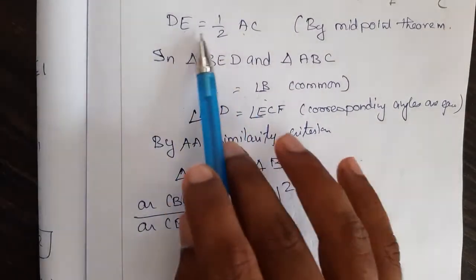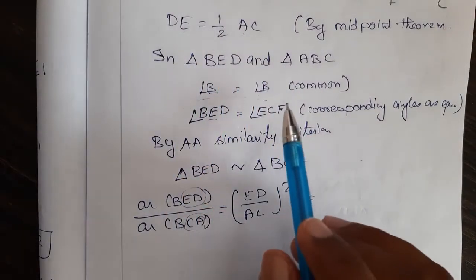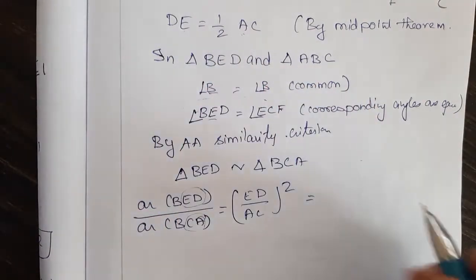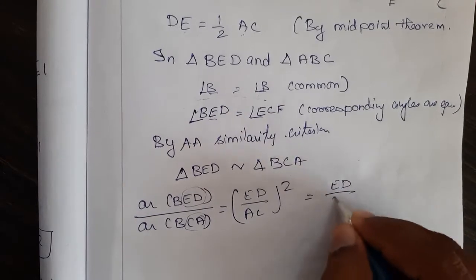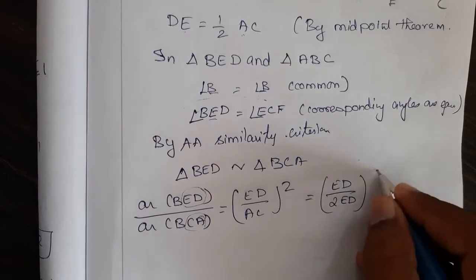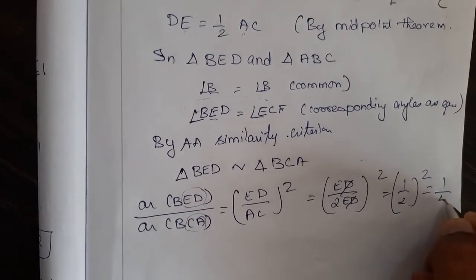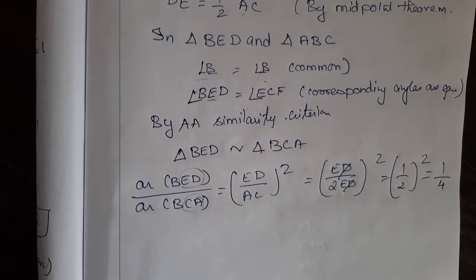ED can be written as half of AC, or AC can be written as 2 times ED. So ED by 2 ED, the whole square, and ED gets cancelled. It is 1 by 2 the whole square, which is equal to 1 by 4. Now it is in the ratio 1 by 4, right?